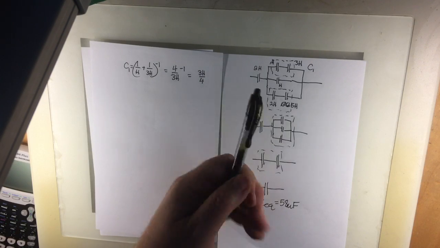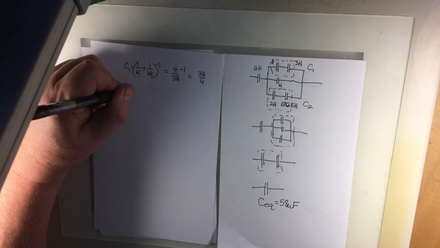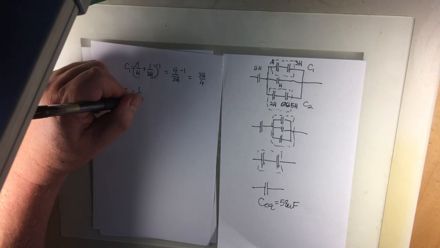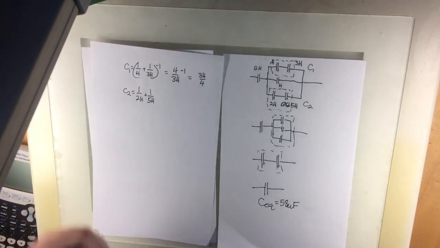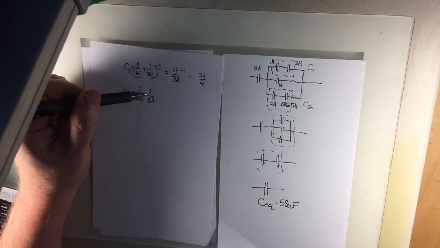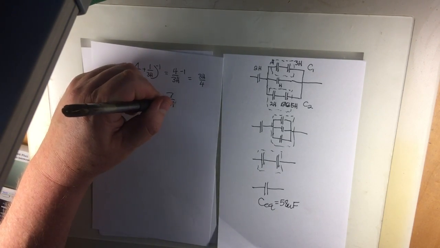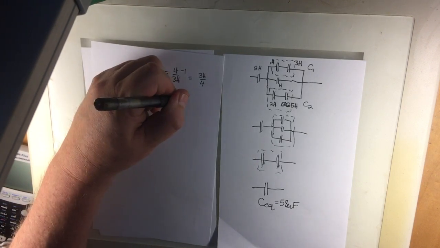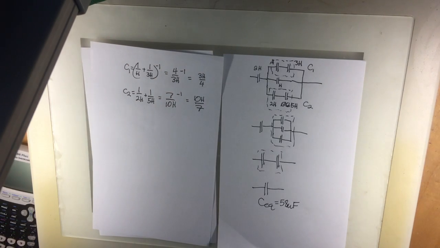The lower one, I'm going to call C2. C2, 1 over 2H plus 1 over 5H. The common denominator is 10, so this makes it 5 plus 2, or 7 over 10H inverted, or 10H over 7.